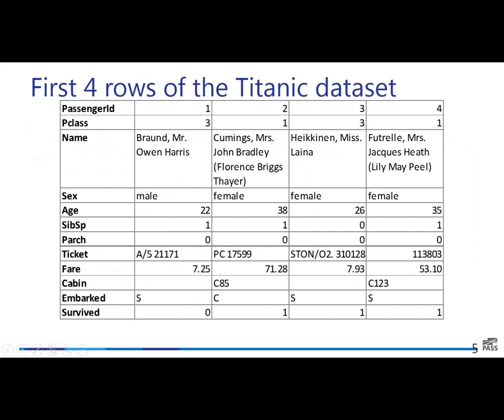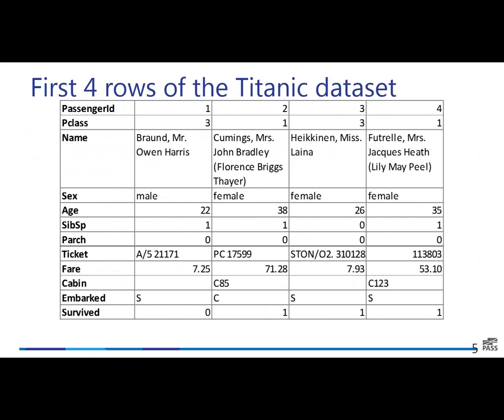So let's look at our first passenger. His name is Mr. Braund, Owen Harris to his friends. He's a 22-year-old man. He paid £7 and 5 shillings in old money, that's £7.25 in new money, for his ticket. He embarked at S, which is Southampton, and the 0 under survived meant that he died.